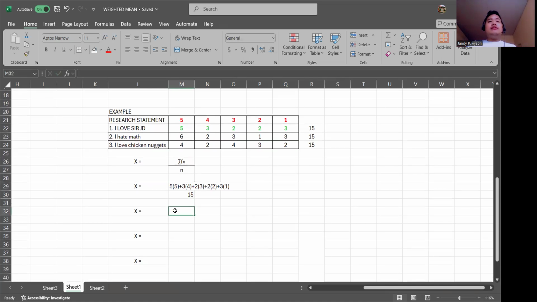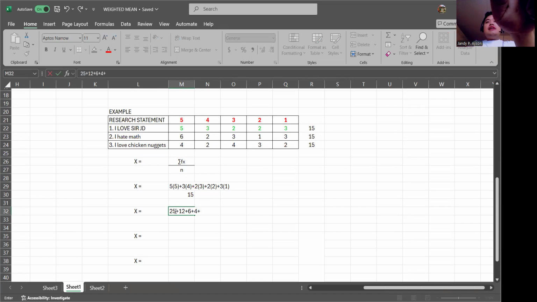So, now, next step is to just multiply yung mga nasa taas natin. So, 5 times 5, 25. Plus, 3 times 4, 12. Plus, 2 times 3, 6. Plus, 2 times 2, 4.